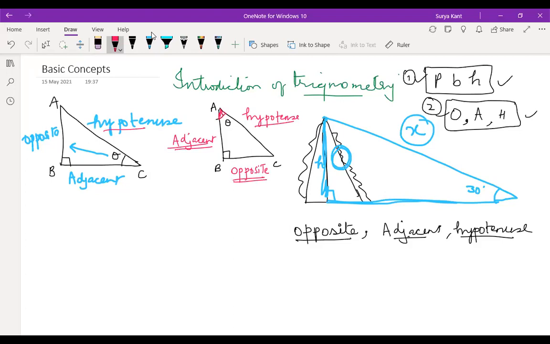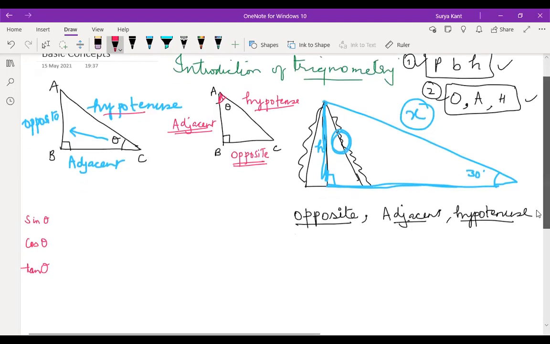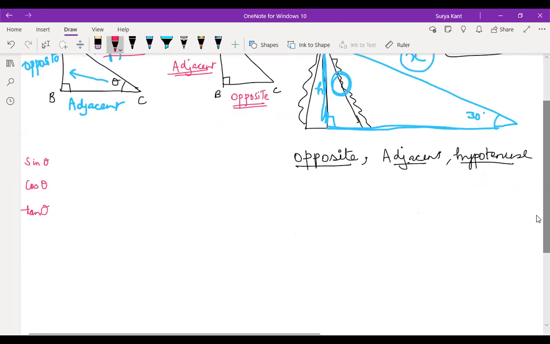So we are having so many ratios. This theta can be sine theta, cos theta, tan theta. The others are cosec, sec, and cot.